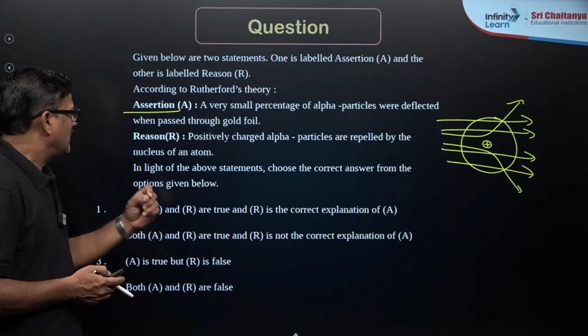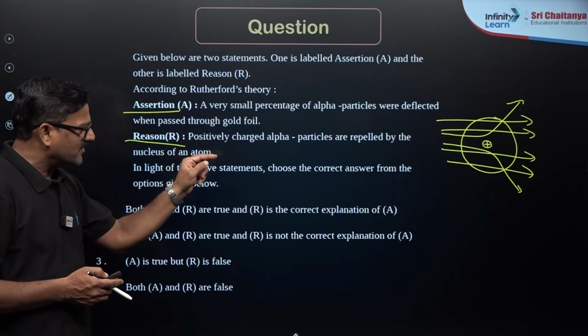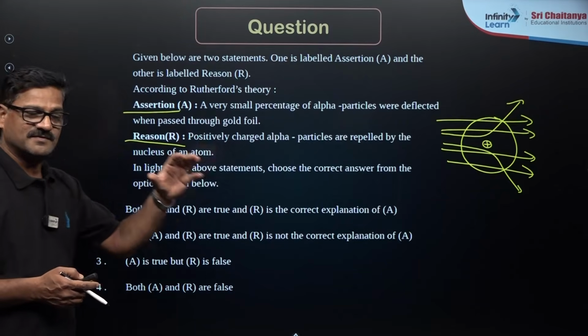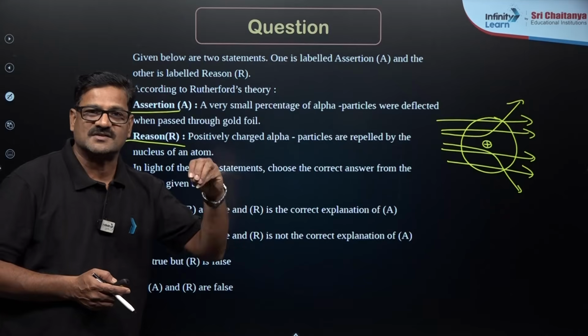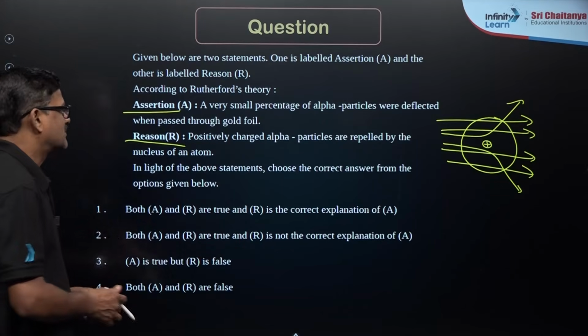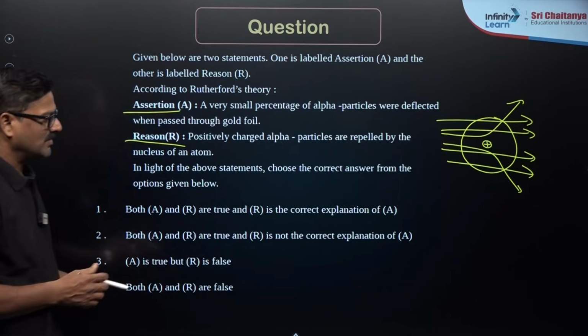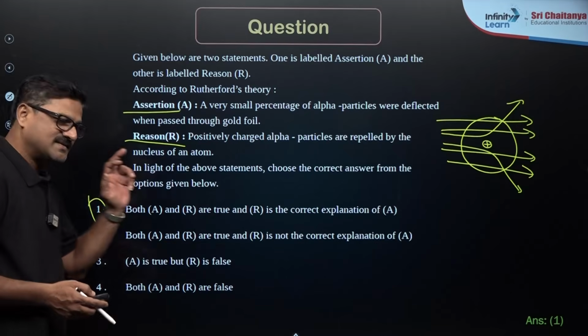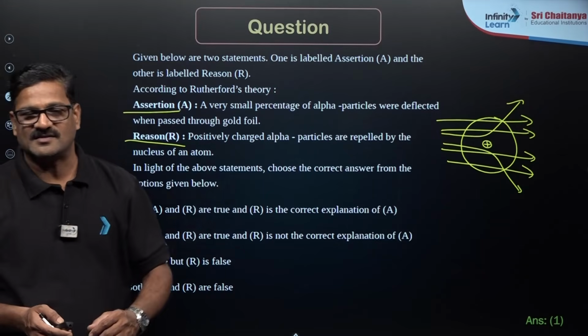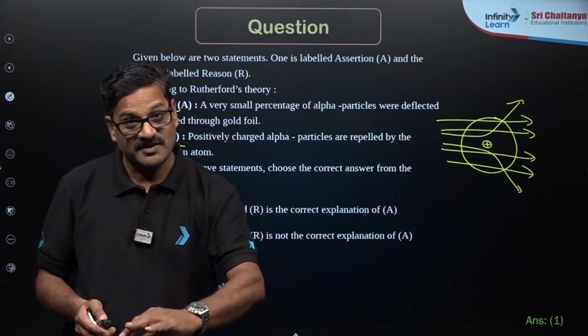That is true. And the reason: positively charged alpha particles are repelled by the nucleus of an atom because the nucleus has a positive charge. So the reason is also true.